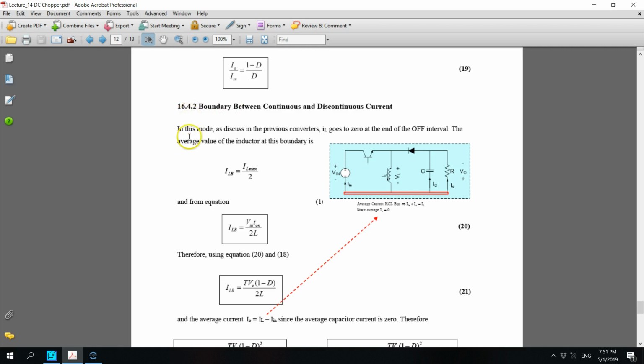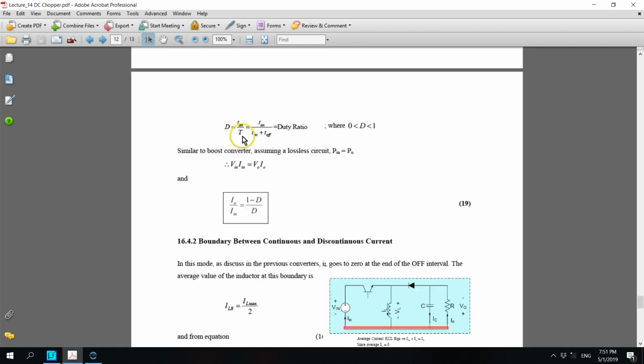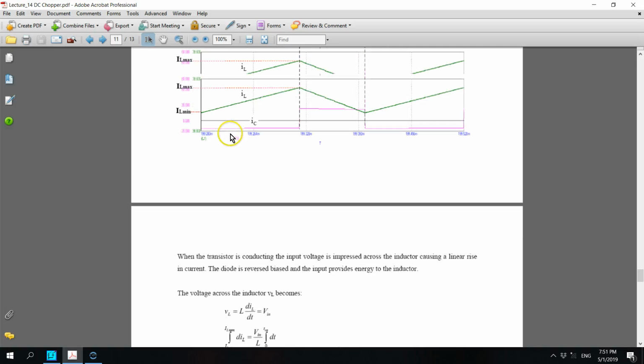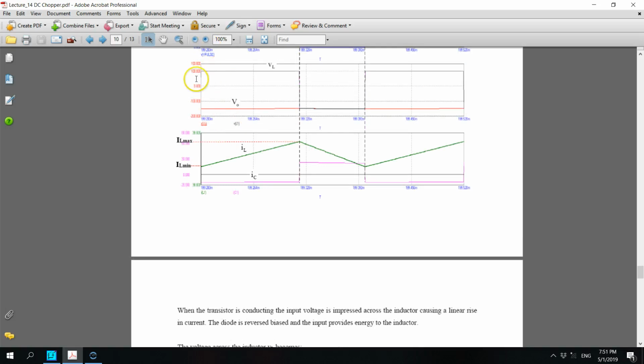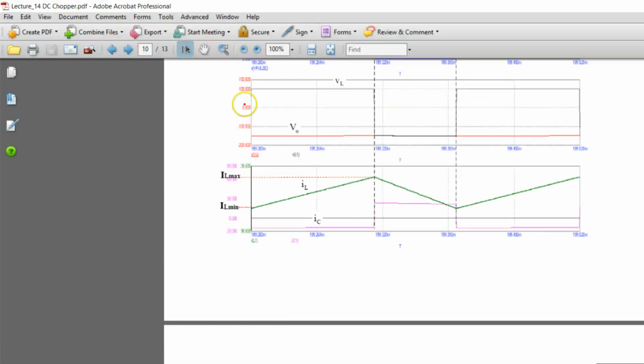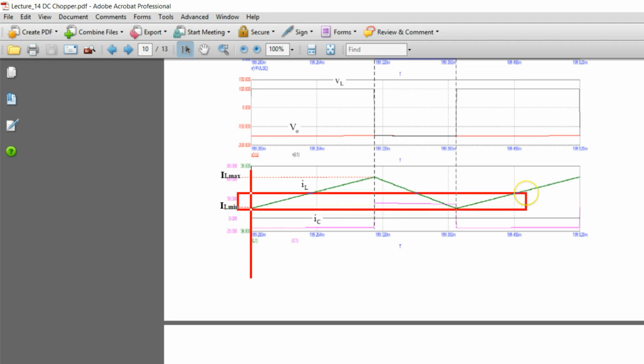So in this mode, we can see the IL min. Can I go back to the waveform? So at the boundary, consider that this is at the boundary.